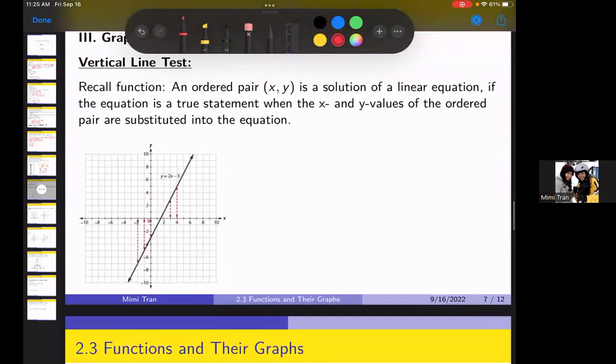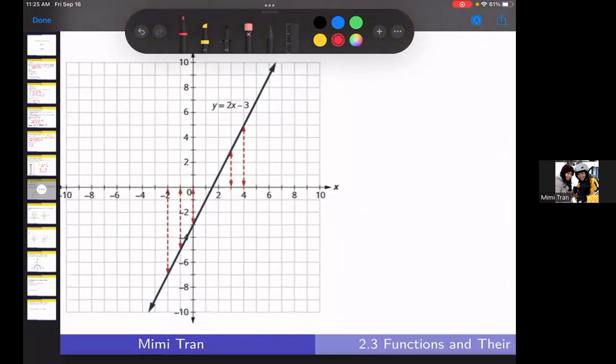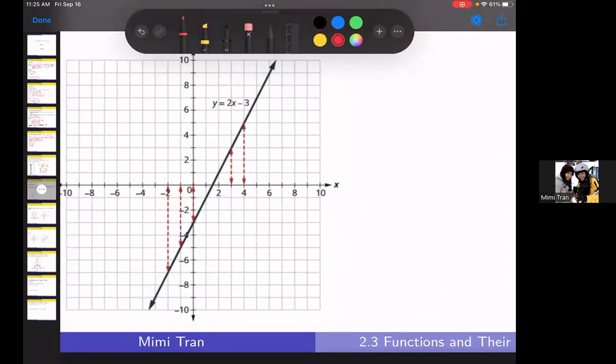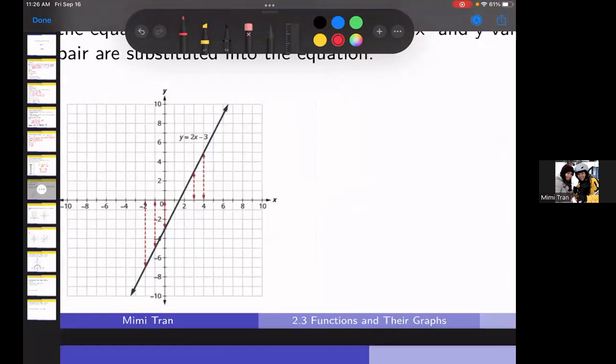So maybe let's do this one. I have a function y equal to x minus 3. And I claim this is a function because for every x I plug in, there's only one y. That means x is not repeated, right?